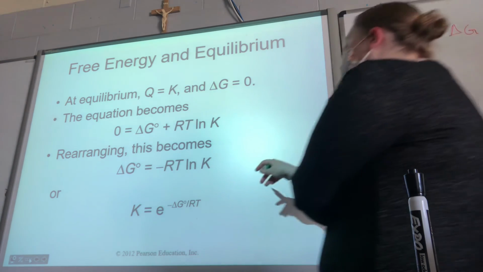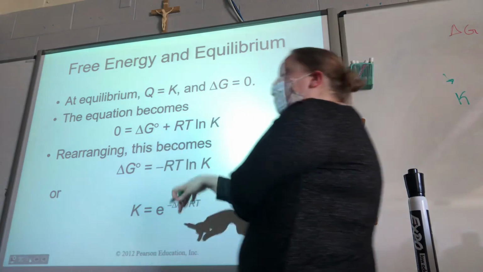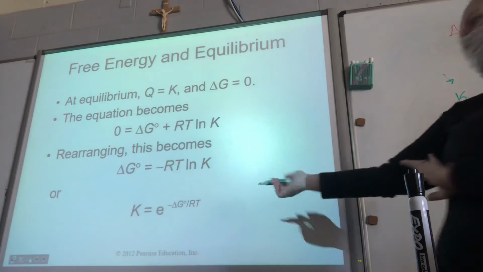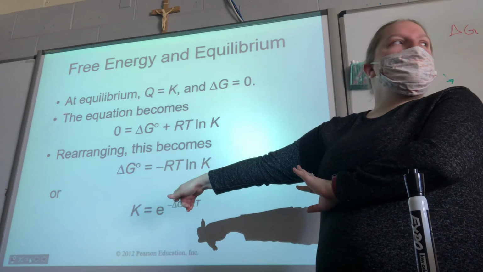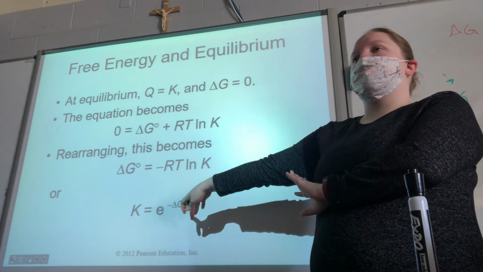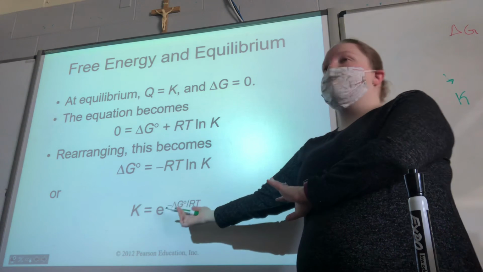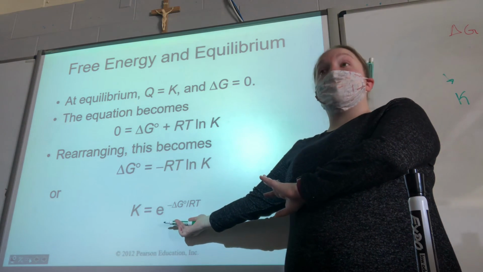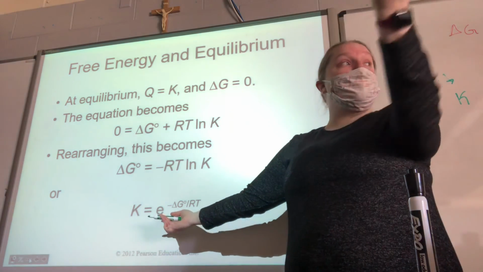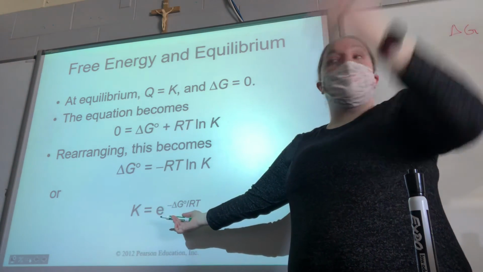Last equation in this particular chapter is the Nernst equation, and the rearrangement of the Nernst equation. Why would we rearrange it? What are we solving for here? K. In this particular case, what would I need to know? I need to know the standard delta G, so I'd probably have to use a table in the back of the book. And what else?